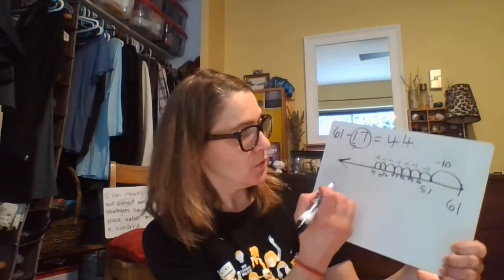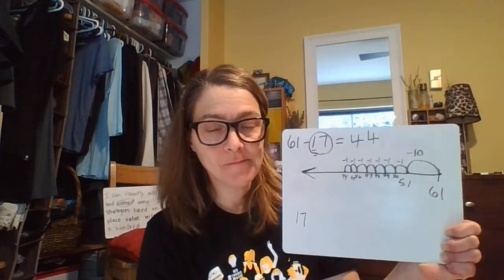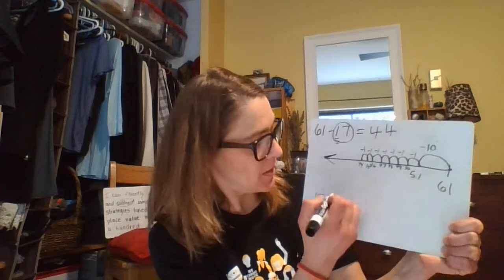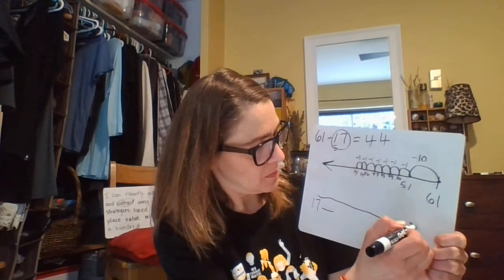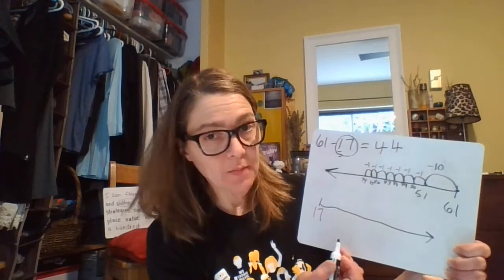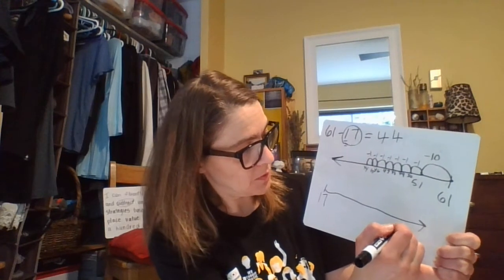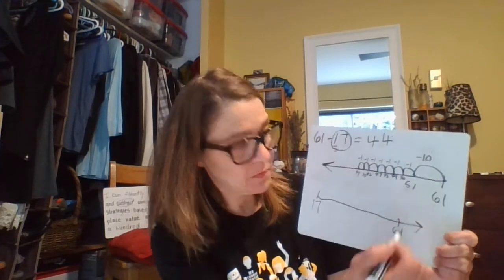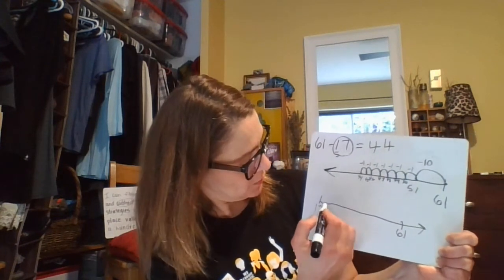Okay, so you would start at 17, and then it's counting up. Okay, and you're going to have to get to 61, so you're going to put 61 on here. Right, so we're going to do tens first.